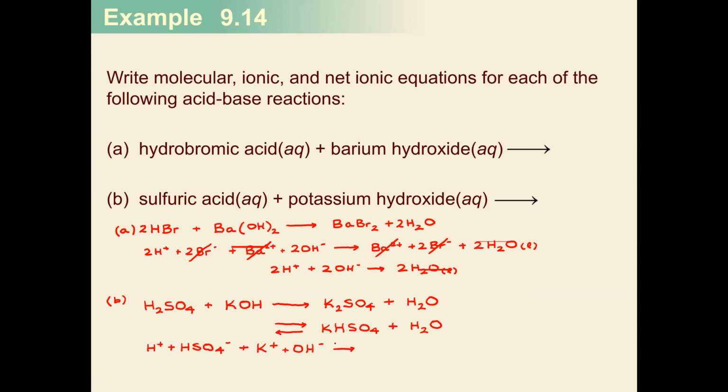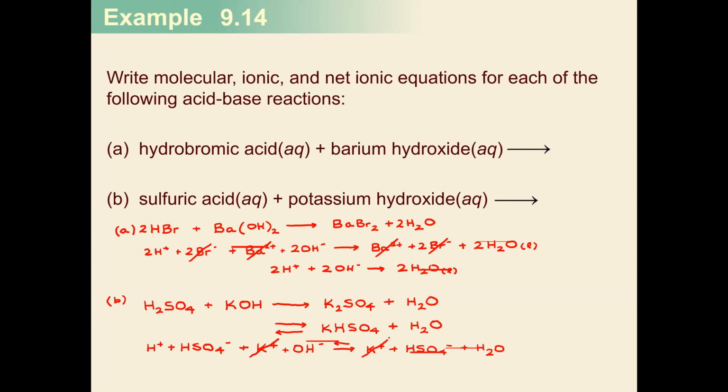And now for our products, we would get potassium and our HSO4 1 minus and our H2O. So now what happens in here is that our potassiums are going to cancel. That is the only species that we get canceling.